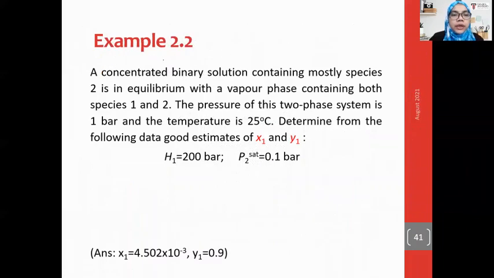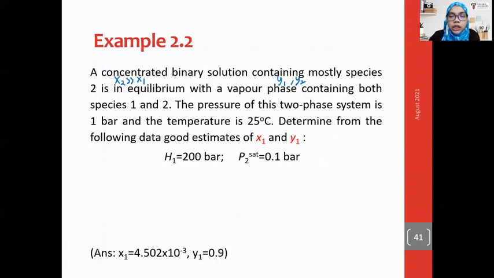So, for example, back to the example. A concentrated binary solution containing mostly species 2, that means we have H2 because it's more concentrated than S1, is in equilibrium with a vapor phase containing both species, Y1 and Y2.